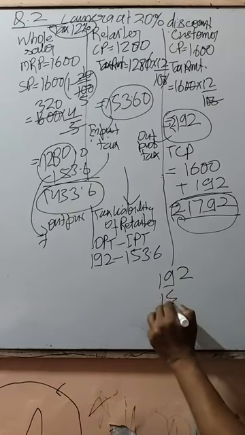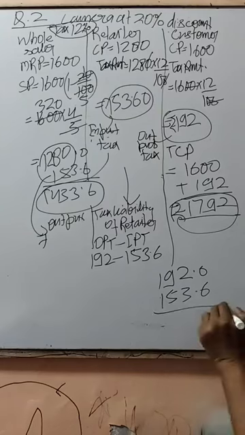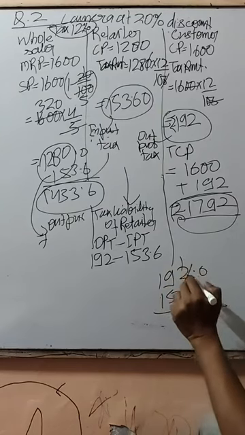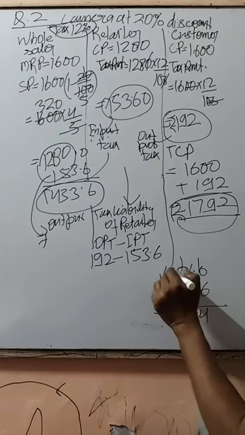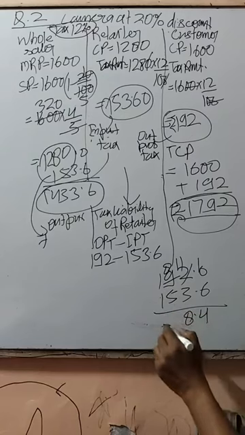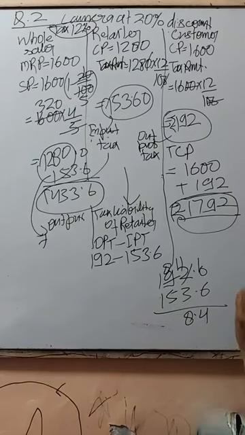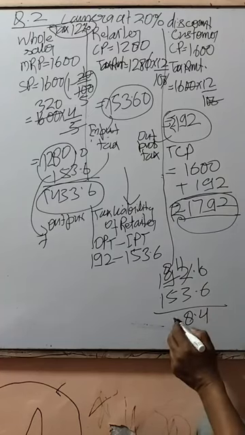192 and 153.6. 0 here. We take 1 borrow from here, it is 4. 1 borrow from here, it is 8, it is 11 minus 3 becomes 8, 8 minus 5 becomes 3.